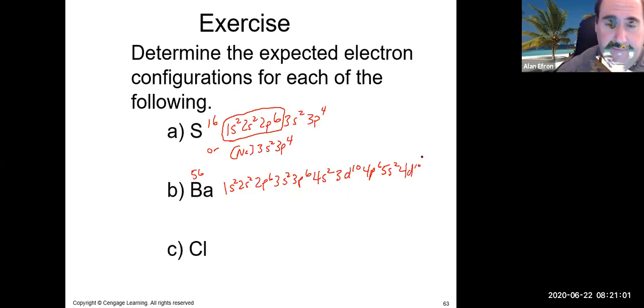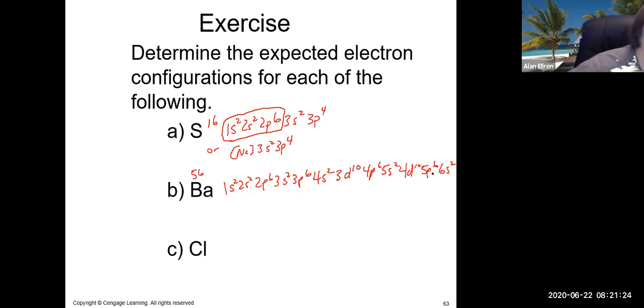I've got to move some stuff off my screen so I have some room to write. So 4d10 takes us across there, and that's going to take us to 5p6. And lastly that should take us down to 6s2. Made it just in time at the end of the screen.